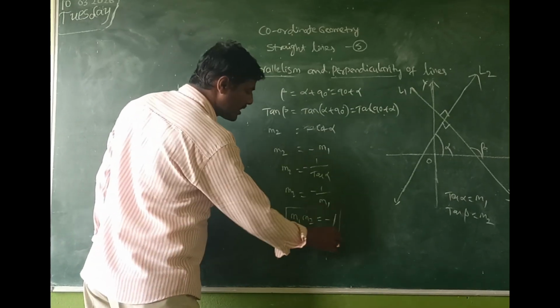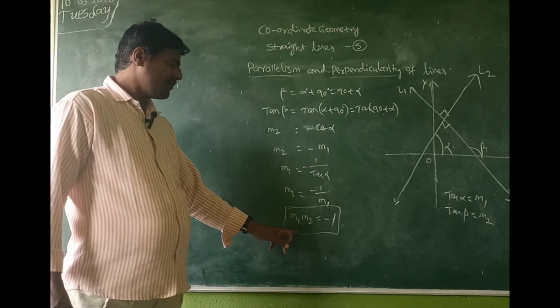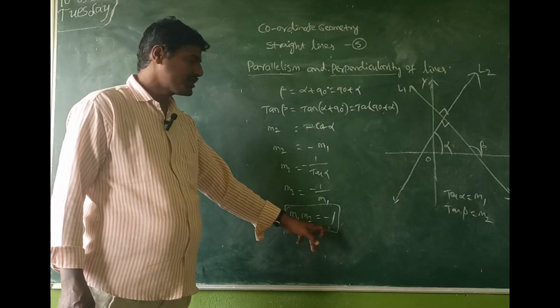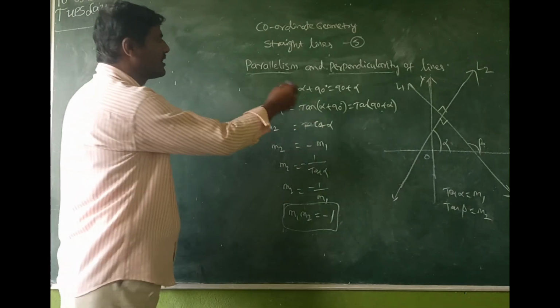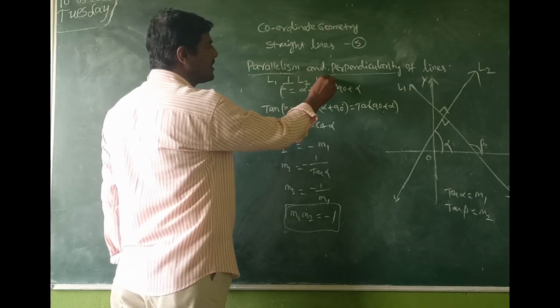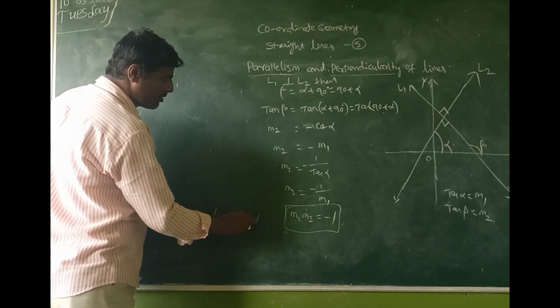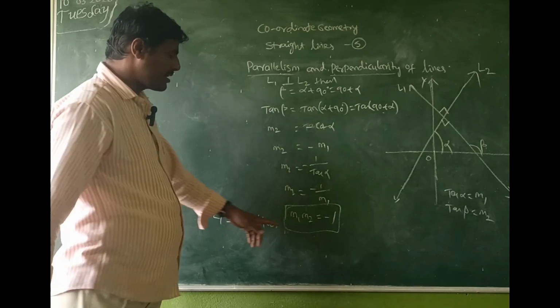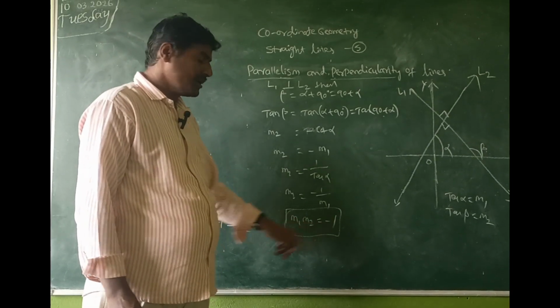This is the condition for two lines to be perpendicular: the product of two slopes equal to minus 1. Here it is given that L1 is perpendicular to L2, then the product of their slopes m1 into m2 equal to minus 1.